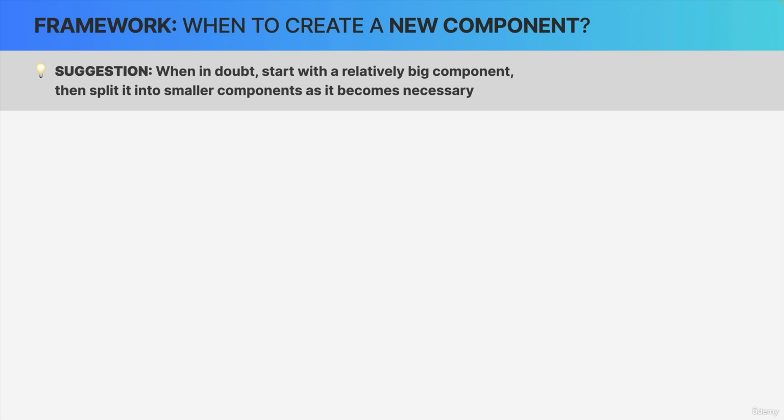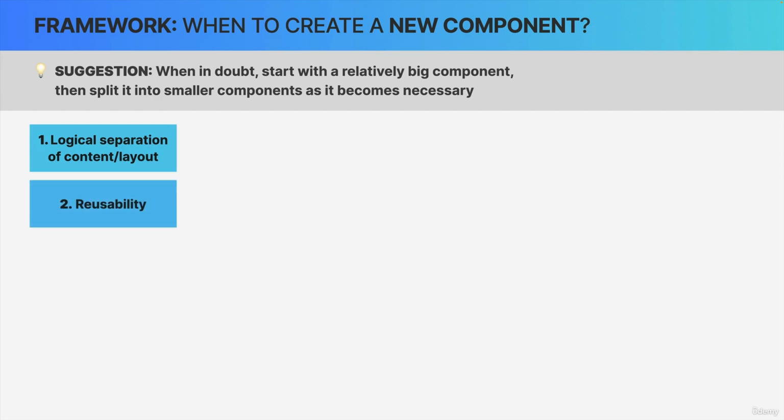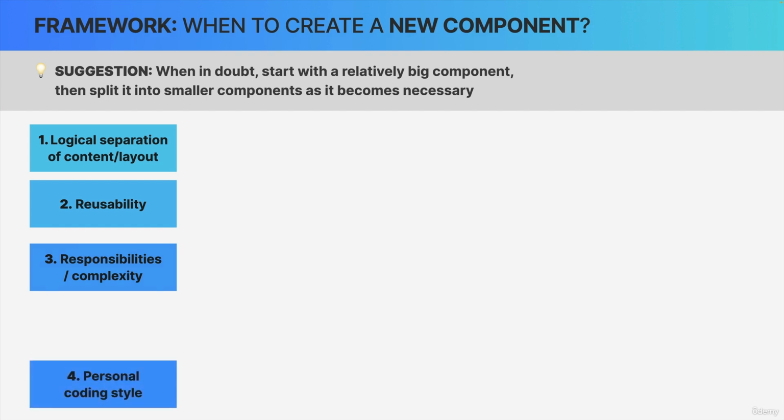But naturally, you will now ask, when does it actually become necessary to split big components into multiple small ones? Well, that's where the 4 criteria come into play again. So logical separation of content, reusability, the responsibilities and complexity of the component, and your personal coding style.